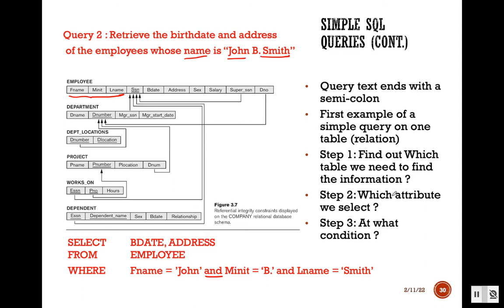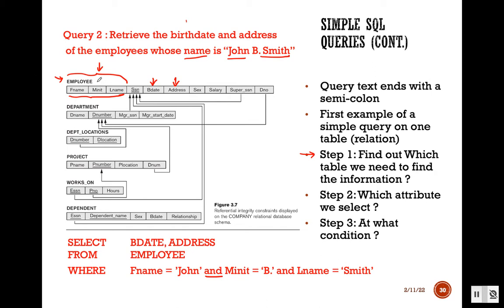Step 1, again we need only one table, because the name, B date and address are all in the employee table. Remember we also have to look at the condition, because if the condition needs another table, we may need more than one table. But here the attributes to select, birth date and address, are in the employee table, and the name is also in the employee table, so we need just one table.